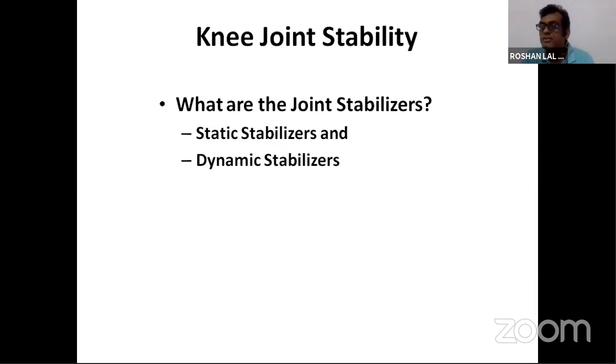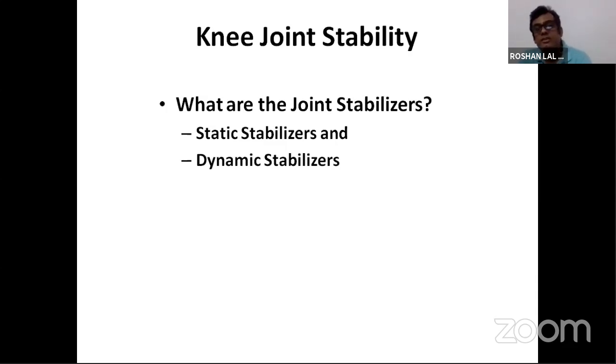The knee joint is more stable in the 20s and 30s, but as age progresses, the stability of the joint decreases. For example, an athlete gives his best in the 20s and 30s, but after that his performance decreases gradually. This is because after the late 30s, the stability of the joint decreases.